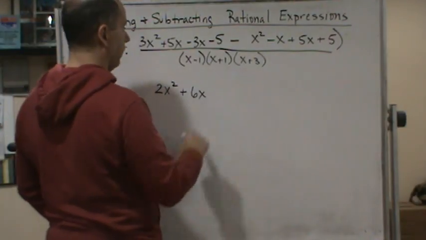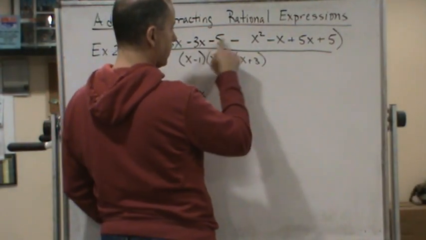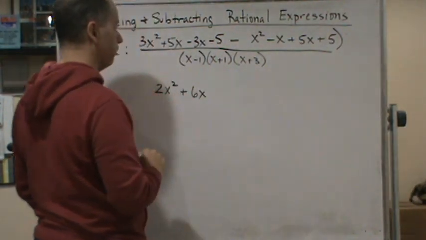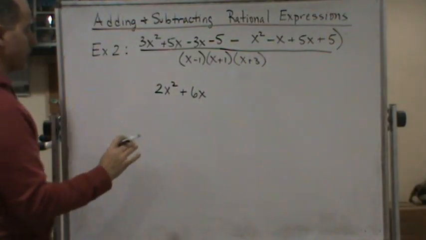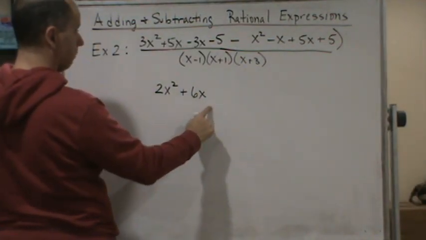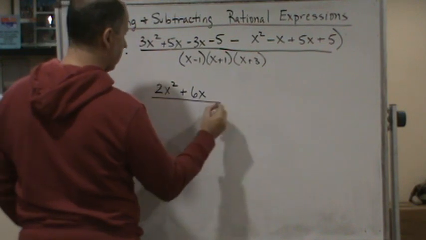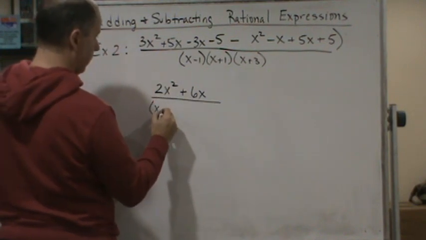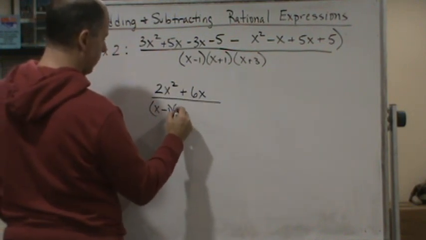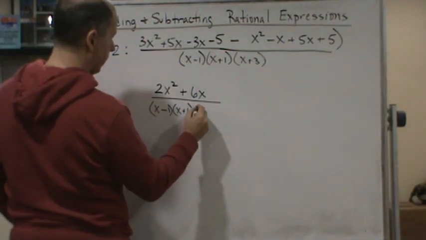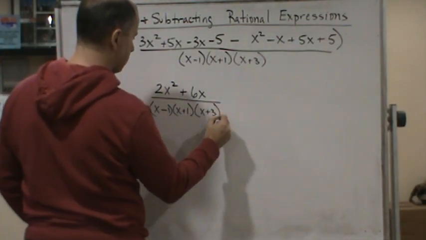And then the minus 5 and the plus 5 cancel each other out. Okay, so that's what I get. And then all of this is over x minus 1, x plus 1, x plus 3.